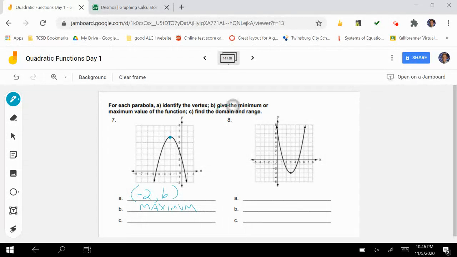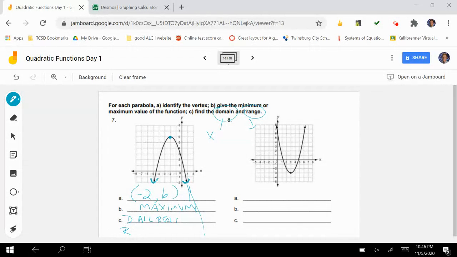And then the domain is the x values, remember that. And the range are the y values. Because these have arrows on them, they're going to go on forever. So your domain is going to be all reals, because as this gets wider and wider, these parabolas just keep getting wider and wider as well. What is your range?